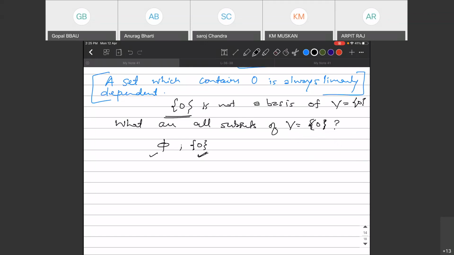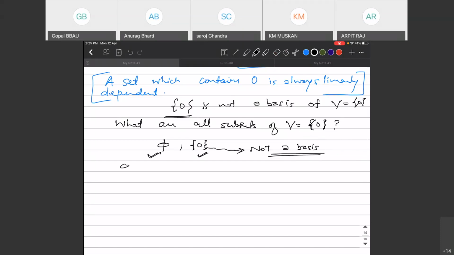So we have already seen this is not a basis. Then the second candidate for basis would be the empty set. There is only one choice for basis.